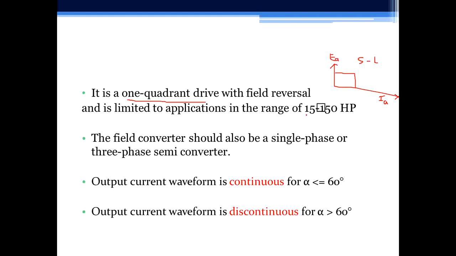It is suitable for 15 to 150 HP applications. The field converter is single phase or three phase semi converter. The output is continuous for alpha less than or equal to 60 and discontinuous for alpha greater than 60. So let us understand these two operations in detail.